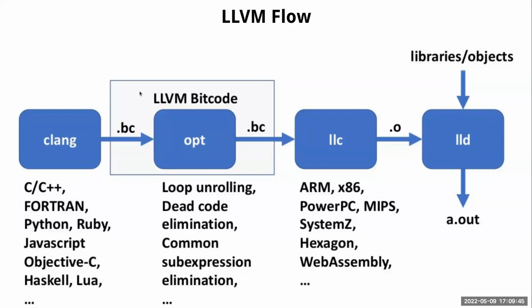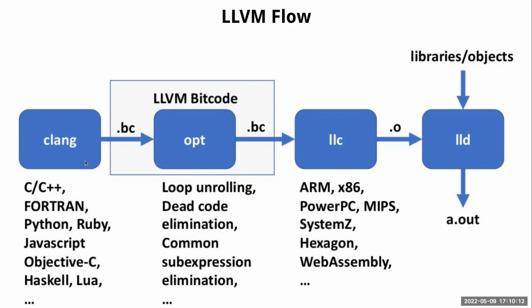If you are using C or C++ as the input language, then the front end is a tool called Clang. So Clang will compile your C++ code into the LLVM bitcode, or IR, then all the optimization will be on the IR.